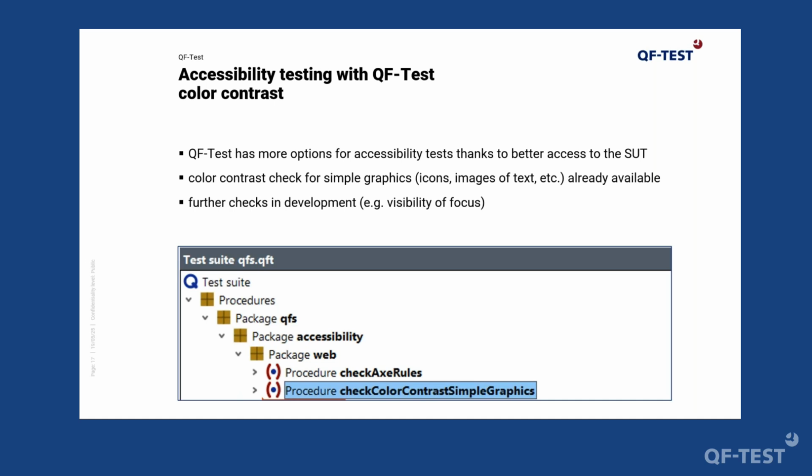X can already check color contrast of like text, but X only checks the HTML and has no options to check like images of text or icons or basically everything that's an image or a JPEG, a PNG, an SVG. So these are things we can check with QF test, with the options of QF test to make screenshots and everything.